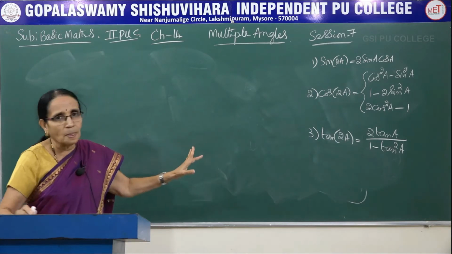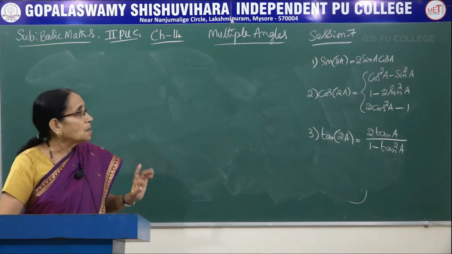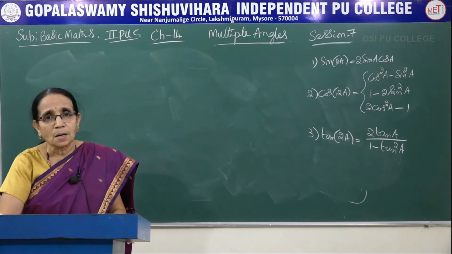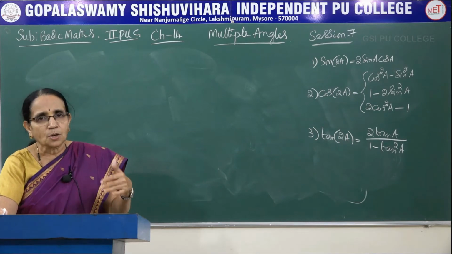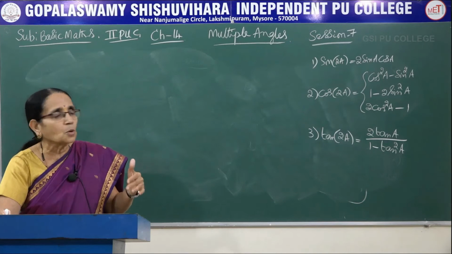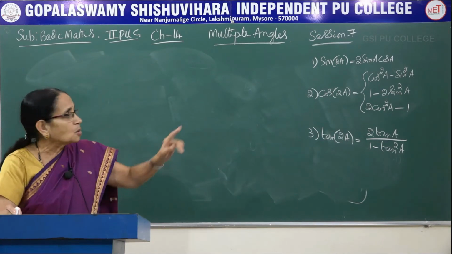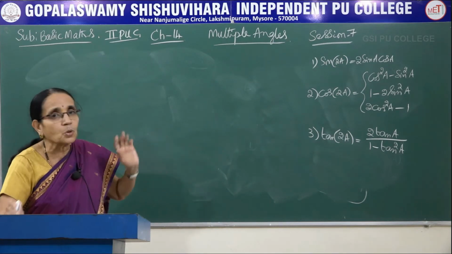Now all of them can be expected for a 2-mark question. Now I am going to give you two more formulae. Again I am repeating, it can be given as a problem, prove that or show that, or in any other problem you come across, you can use these results as formulae. So with these three, you have to learn by heart those two which I am going to prove now.